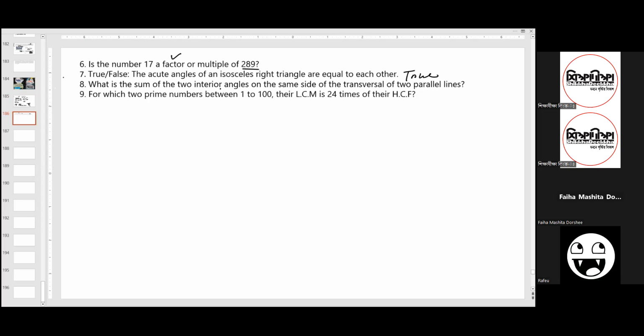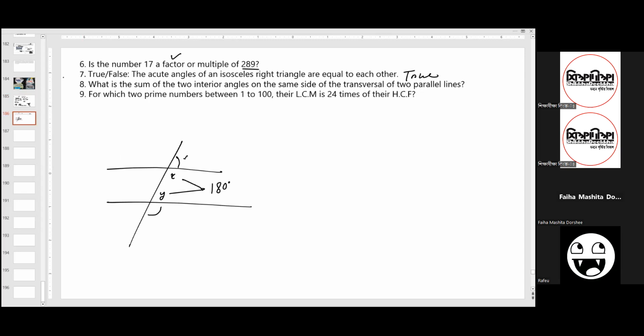What is the sum of the two interior angles on the same side of the transversal of two parallel lines? So the answer is 180. I mean, if it is x and y, then the sum of x and y is 180 degrees. Even if they are exterior angles, this law is true, but both have to be either interior or exterior.